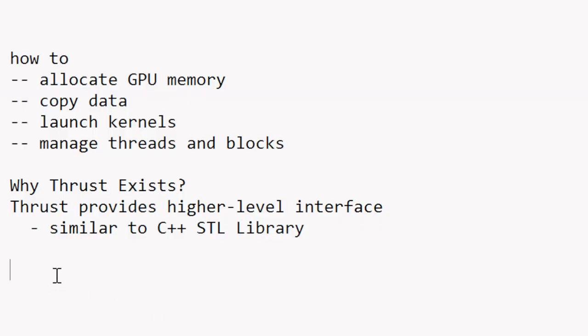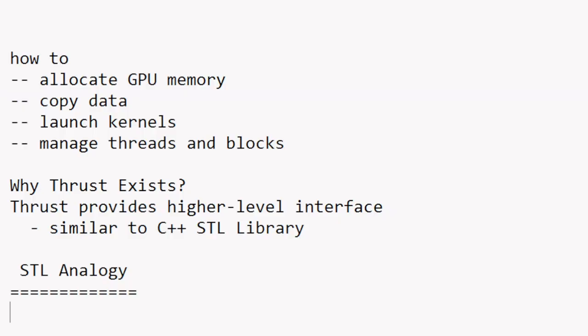So let's try to understand it more through the STL analogy. My assumption is that you are exposed to STL, the standard template library of C++. If you already know C++, the easiest way to understand Thrust is through this analogy.